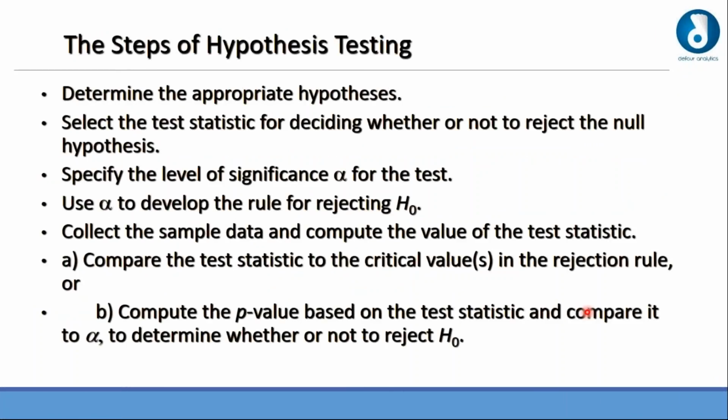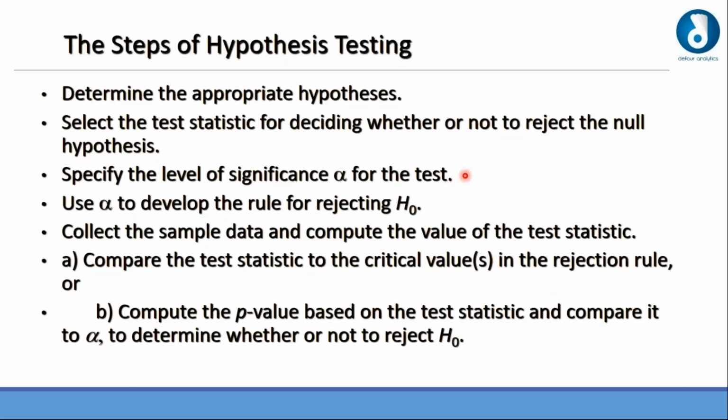Let us understand the steps of hypothesis testing. First of all, determine the appropriate hypotheses. We have made a null hypothesis and an alternate hypothesis, and then select the best test for deciding whether to reject or accept the null hypothesis. We can choose a test, whether it is a Z test, a T test, or there are other tests also. Then specify a level of significance.